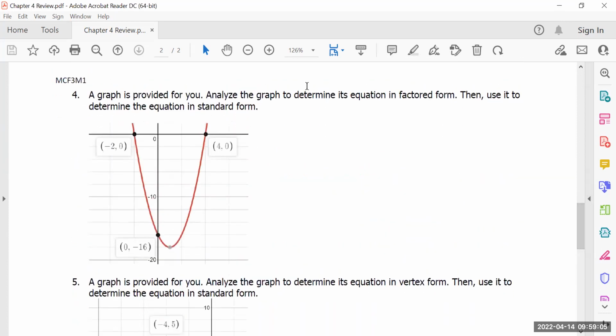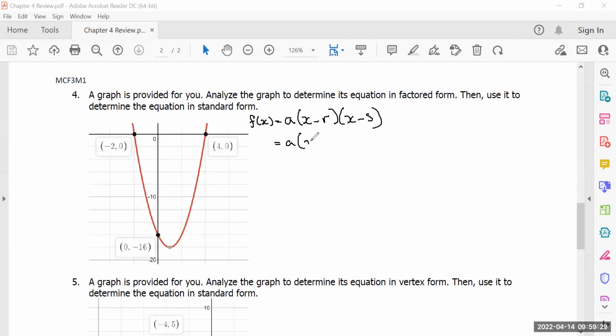Number 4, I might be able to do this on the spot. A graph is provided, analyze this and write this in factored form. This is something that we've done in our assignment, so I hope you recognize it. Factored form means this style. And guess what? I gave you very nice x-intercepts.